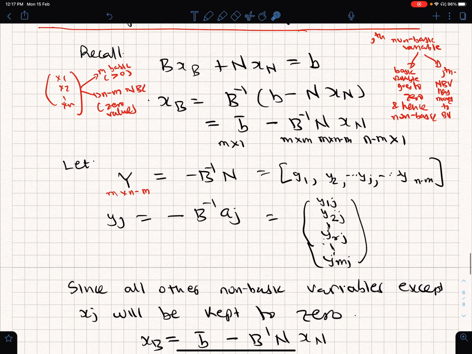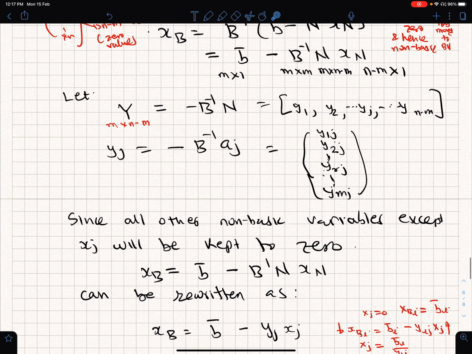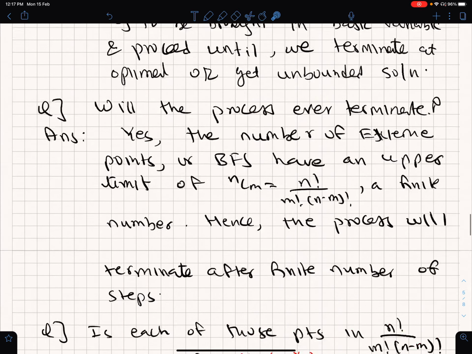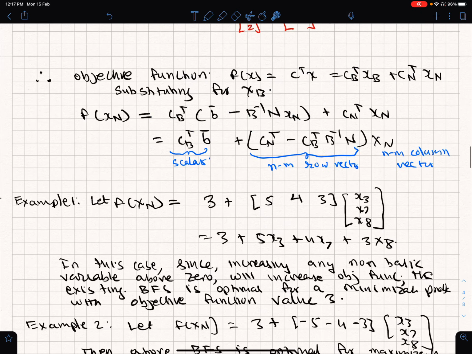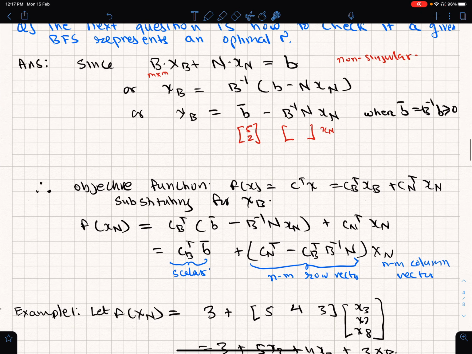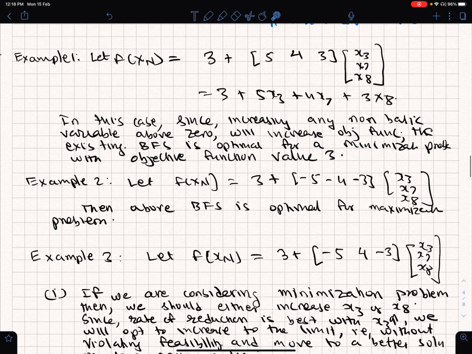Now, based upon this, we have identified that we want to, for example, move with respect to x3. We have to take a call between whether we should increase x3 or x8. Both are acceptable to linear programming.